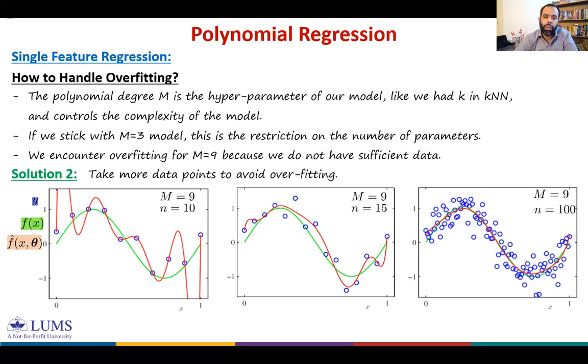The third solution to avoid overfitting is regularization, and we will talk about this in the next video. Regularization itself is a very broad topic, so we will start with the general formulation of regression, and then take polynomial regression as a special case for regularization.